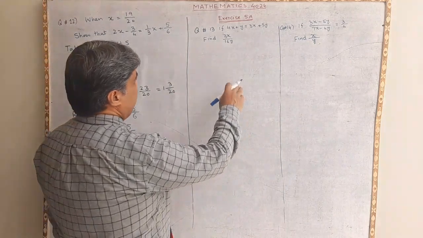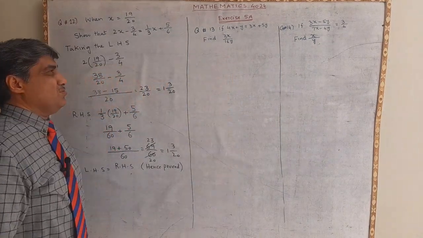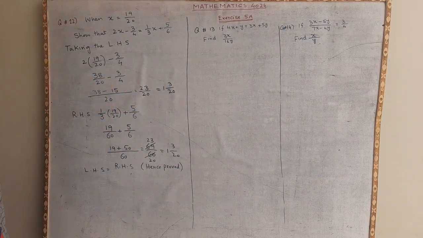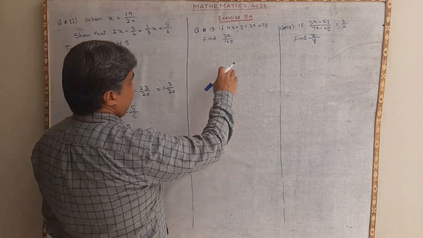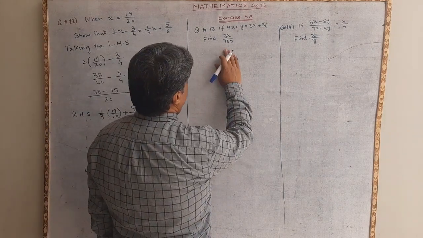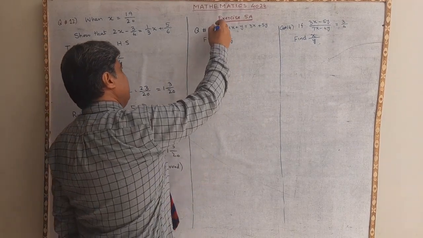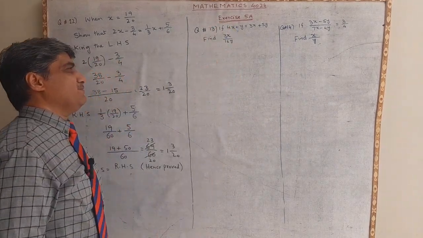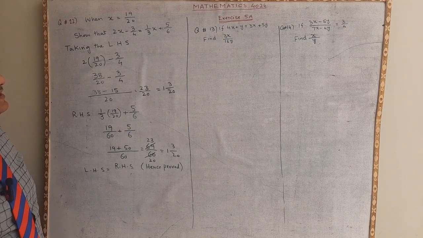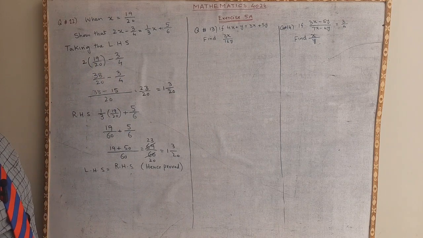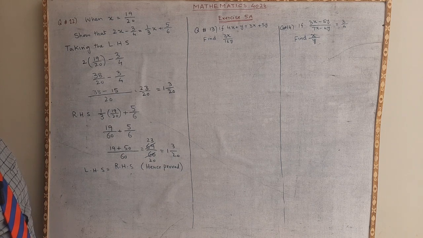Okay, now we are turning our focus to question number 13. Question number 13 is saying that if 4x plus y is equal to 3x plus 5y, find 3x divided by 16y.